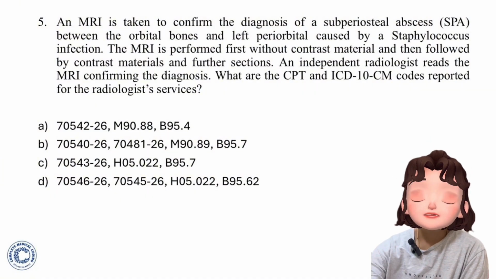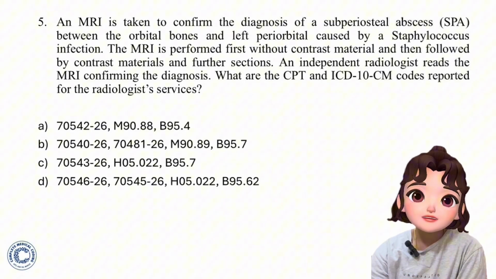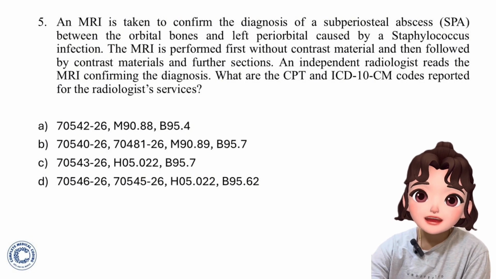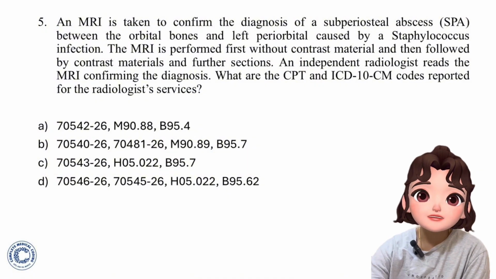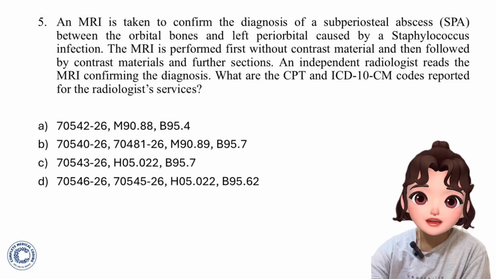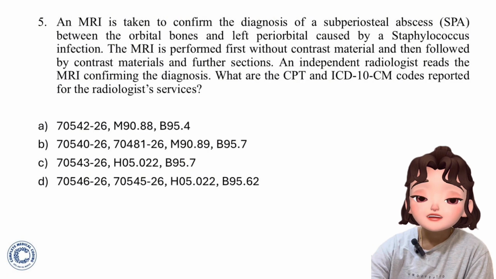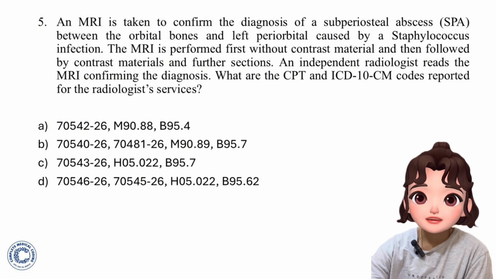Okay, and then if you want, you can directly mark the answer as option C. Otherwise, you can go and check the ICD also. Anyway, I will just check the ICD code. What is H05.022? I'm just checking the ICD code of our expected answer option, in option C. So H05.022.